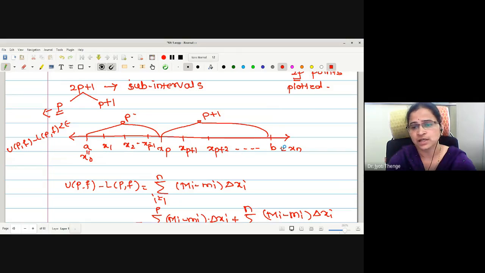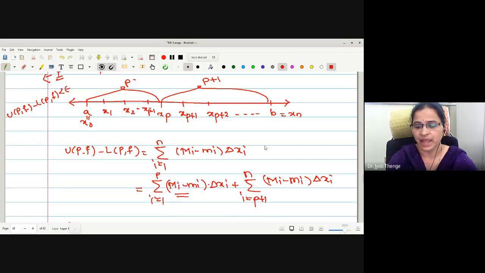In the last lecture itself we have proved that if the function is continuous, then it is integrable. Therefore, over these p plus 1 intervals, the function must be integrable, and if the function is integrable, one can adjust the difference UPF minus LPF to be less than epsilon.